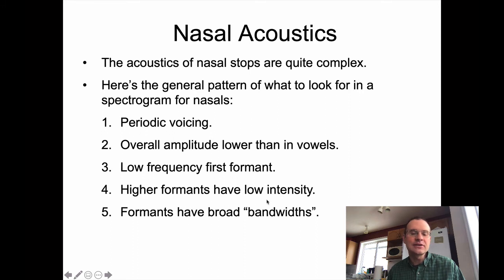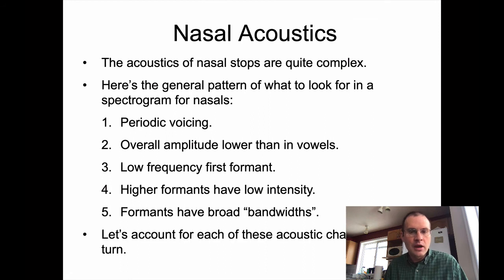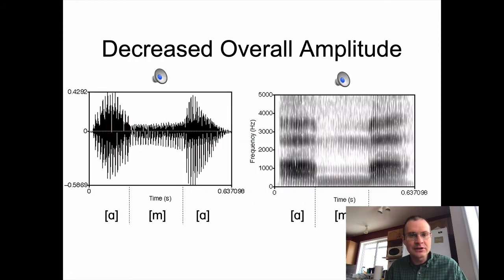And for the same reason, the formants that we do see are going to have broad bandwidths. So the frequency range of the dark bar is going to be spread out and also flattened, so it's not as prominent in the spectrogram. I'm going to walk you through why we get each one of these acoustic characteristics in turn.